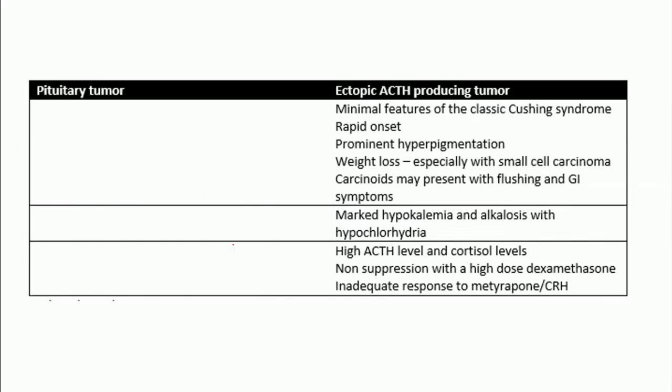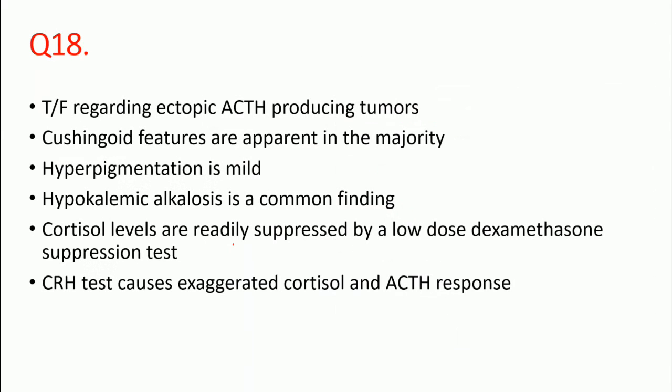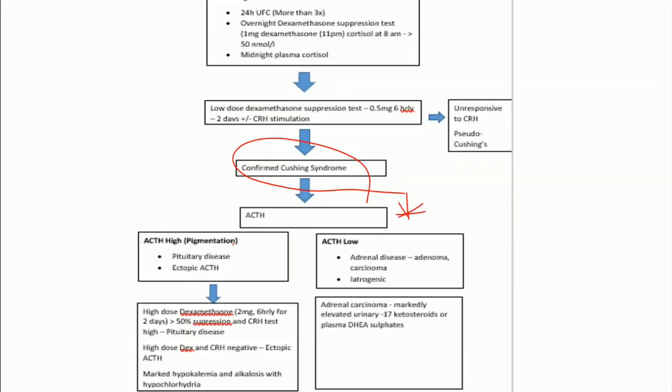Now going back to our algorithm, and I think partly we'll answer Hasini's question as well, right? Now, how do we differentiate pituitary from ectopic? So both are ACTH dependent. Ectopic has certain classical features, like they have lots of hyperpigmentation, they don't have the classical phenotype, and they have marked hypokalemia.